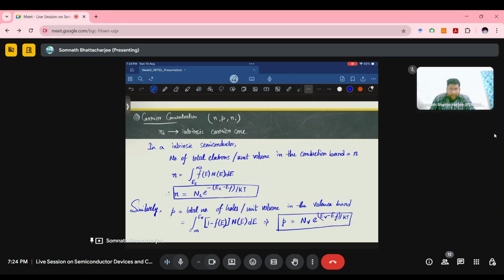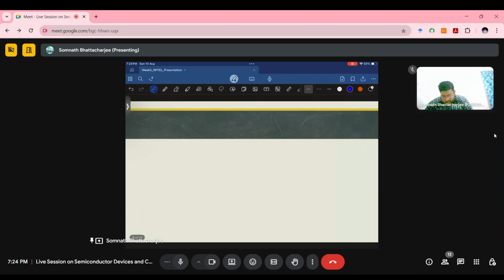Now we have got the values of N and P. As this is an intrinsic semiconductor, the intrinsic carrier concentration Ni should equal N, the electron concentration, and also the hole concentration.